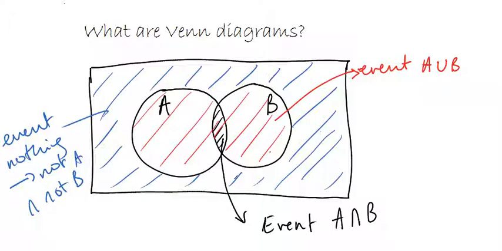So imagine this was a scenario such as the event A is a probability that I have lunch and event B is a probability that I have dinner. Then here in the middle, the black part, is a probability that I would have lunch and dinner. Event A here, just this part here, would be the probability that I have just lunch. This here would be the probability that I have just dinner. And the blue part would be the probability that I don't have dinner and I don't have lunch.